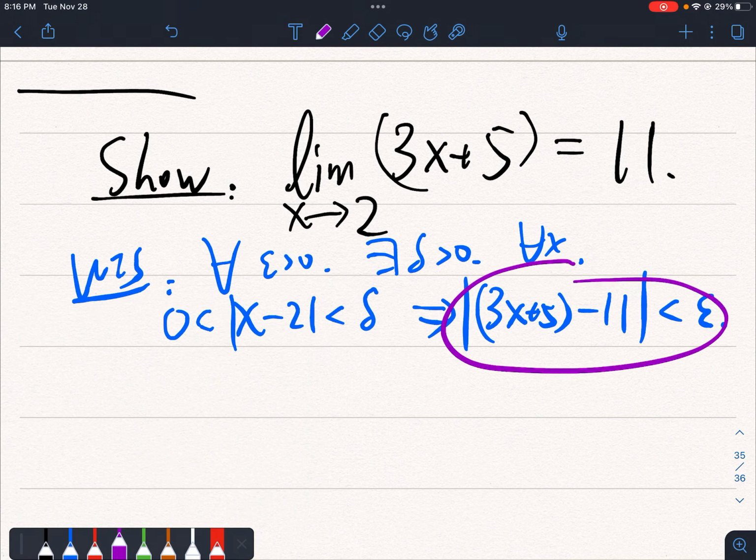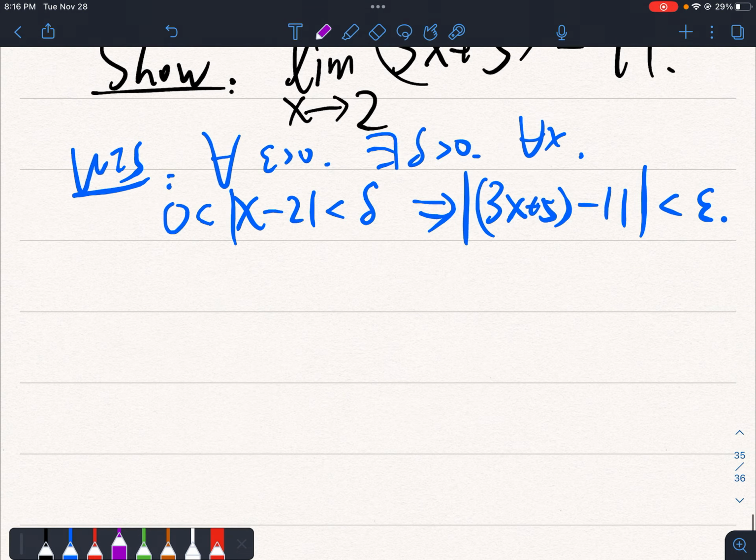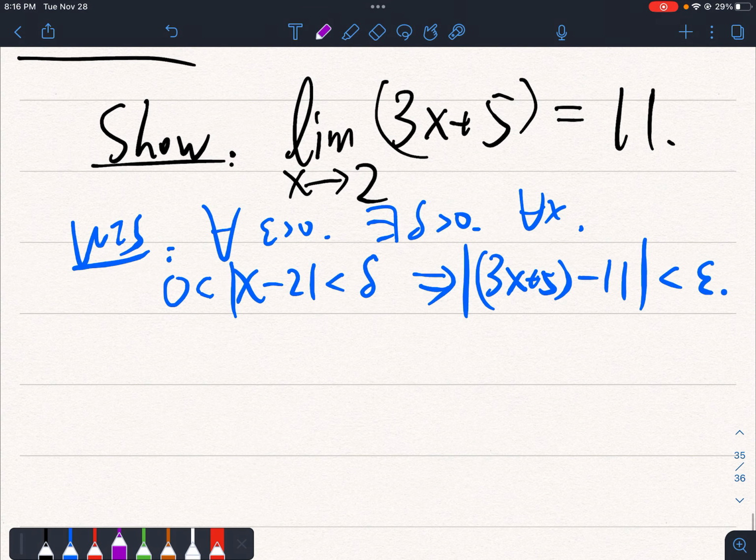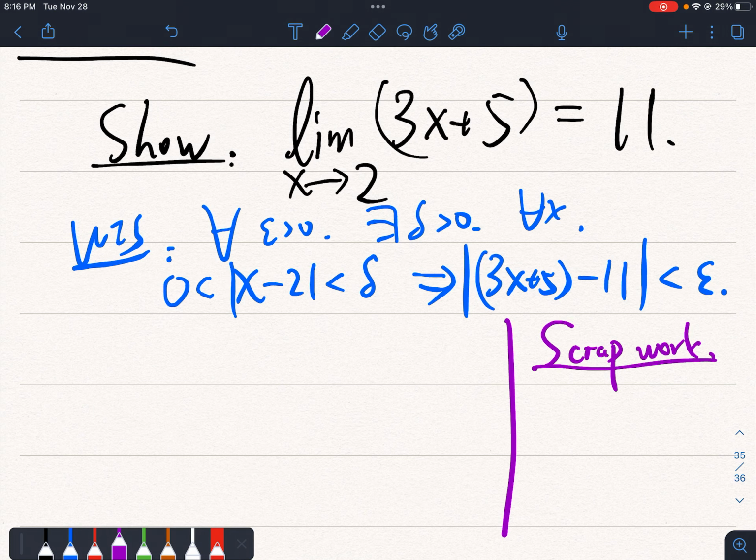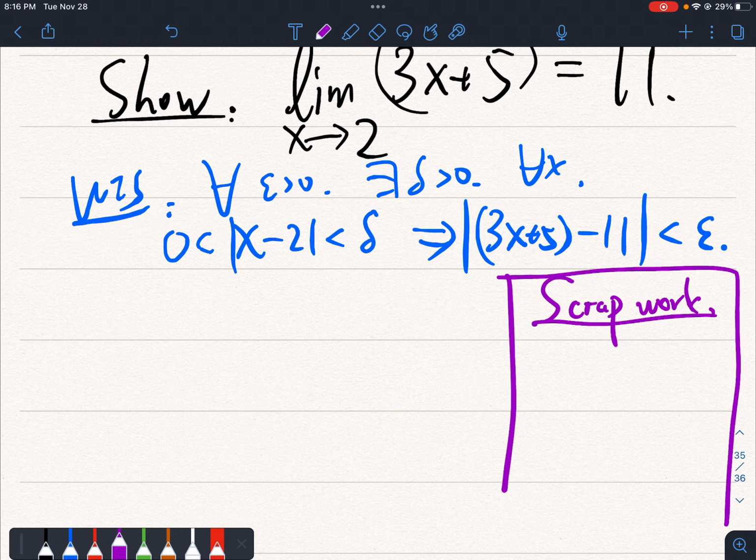Okay, so usually we will start by solving this inequality as the scrap work. Okay, so this is only for scrap work. You cannot write this as part of the solution. So you'll write this on the scrap paper.